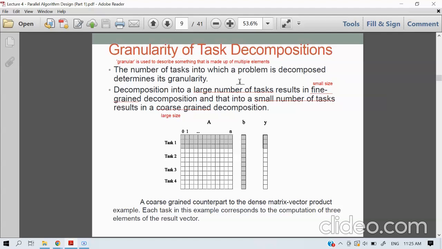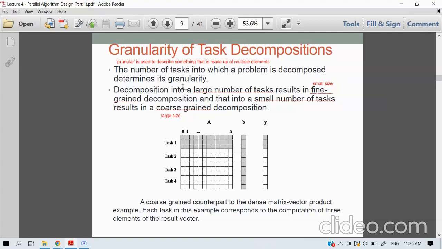In this case, we have two sizes of granularity. The number of tasks into which a problem is decomposed determines its granularity. So it depends on the programmer on how many tasks they will decompose into.